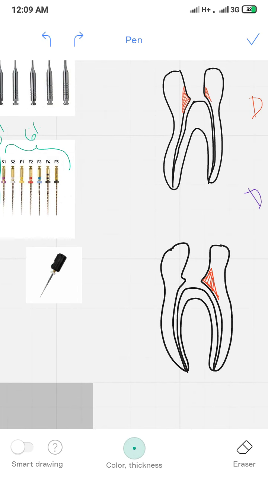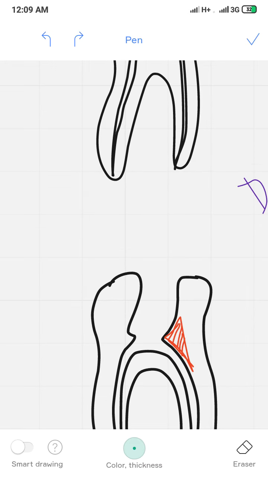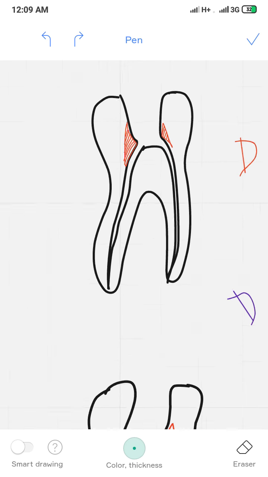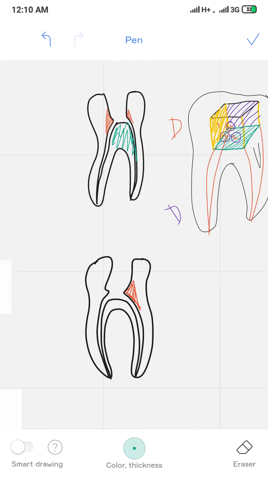Now, orifice openers have their own risks. When you are removing that triangle, you have to be careful about the furcational area, the furcal danger area. In this tooth you cannot really see it because there is a lot of tooth material here, right? But not every tooth will be the same.